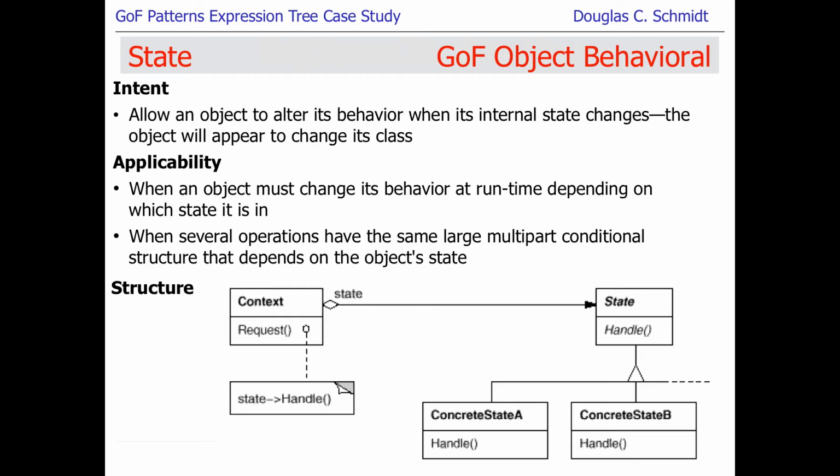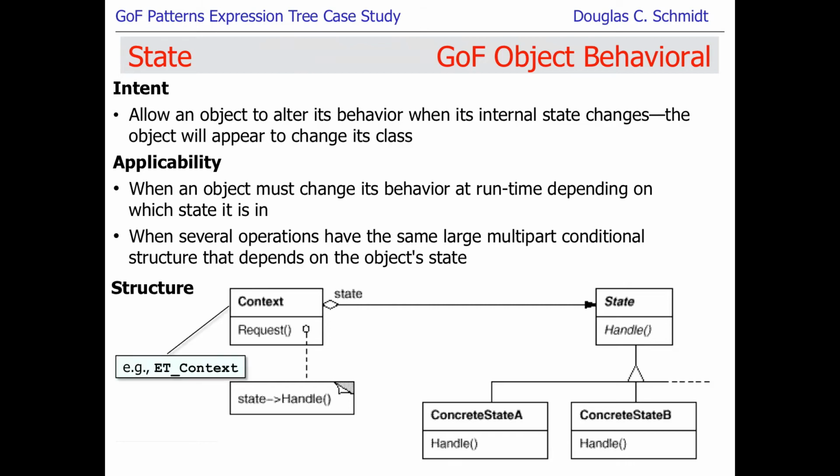And then you have different implementations. The context calls the state's handle method, but it also passes itself in, so the handle method that does the work gets access to the context that called it. And that's where the state magic takes place.